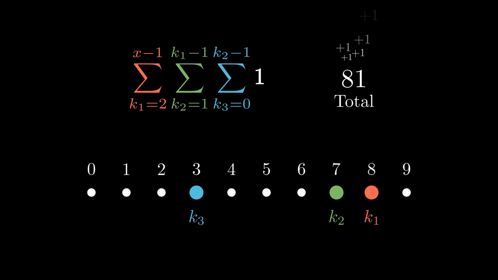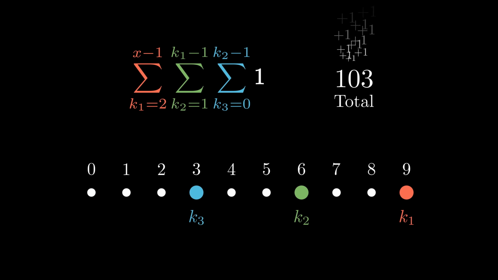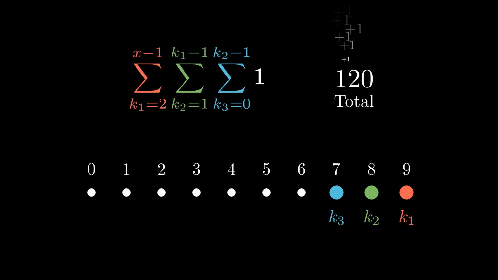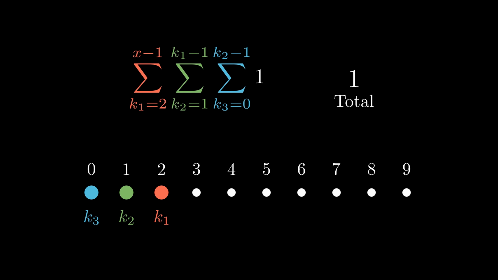We keep following this procedure until all the points are as far to the right as possible. So we can see that, when x equals 10, the value of this triple sum is 120. Let's rewind back to the beginning and watch the whole process from start to finish. Pay attention to the way the 3 points move.